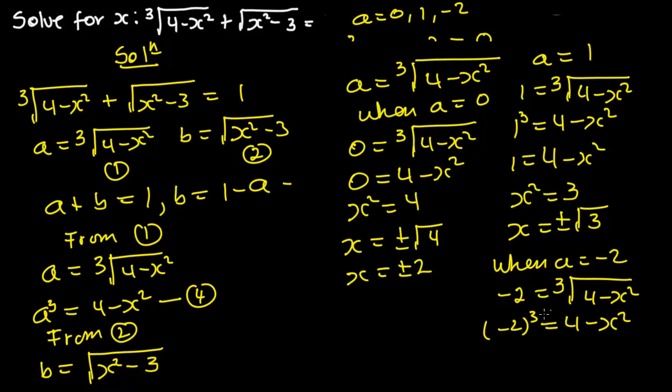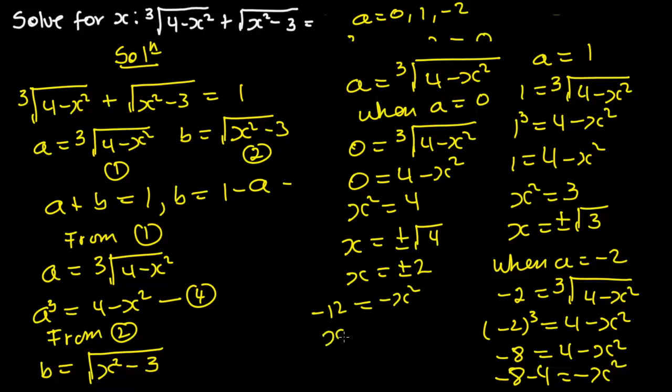So negative 2 to the power 3 is going to give us negative 8, and this will be equal to 4 minus x squared. Now when we send positive 4 to the left hand side, we are going to have negative 8 minus 4 is equal to minus x squared. And so we are going to have minus 12 is equal to minus x squared, which is going to have x squared to be equal to 12.